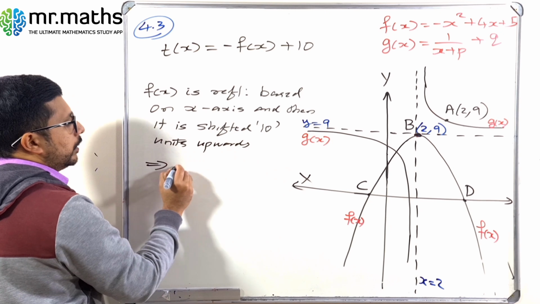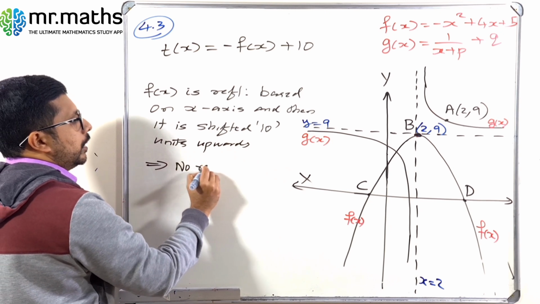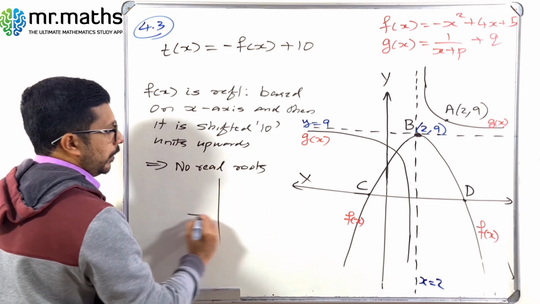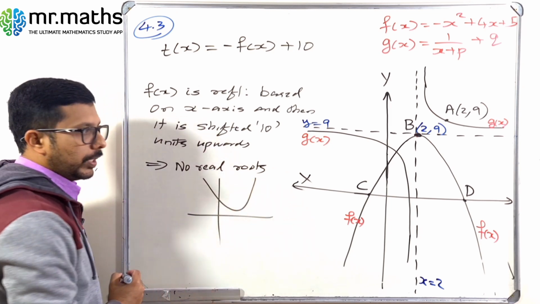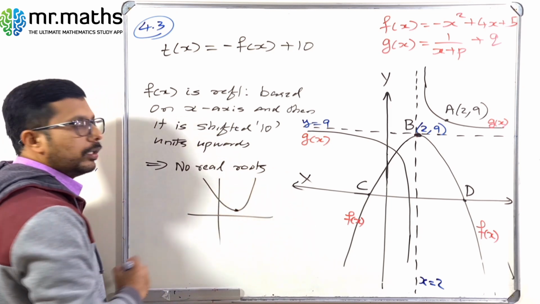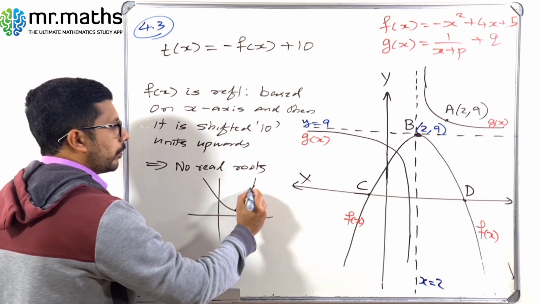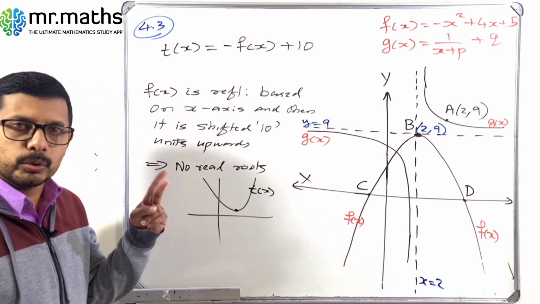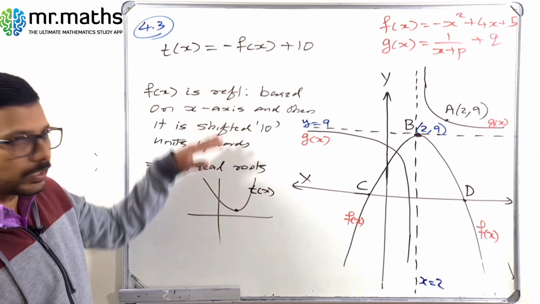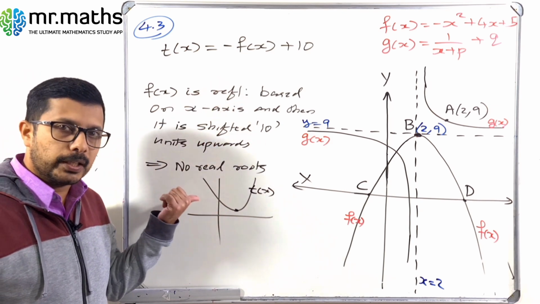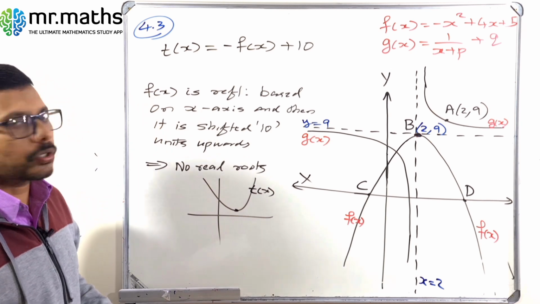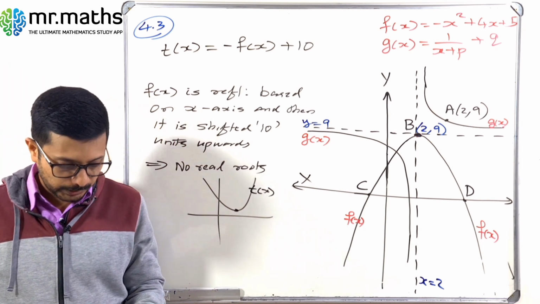It implies that no real roots. Then if you want, you can just show the graph like this, okay? No real roots, that is t of x. So that's the answer, okay? Only 2 marks, okay? So to write it like this, you have to know what is happening there. That's why I explained the above thing, okay? So this is the answer of question number 4.3.